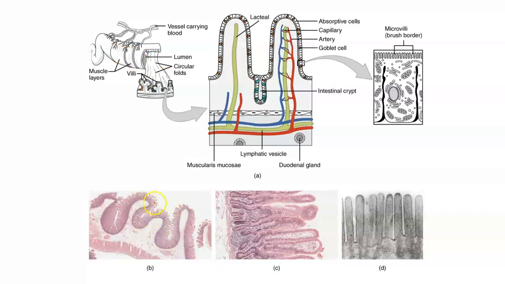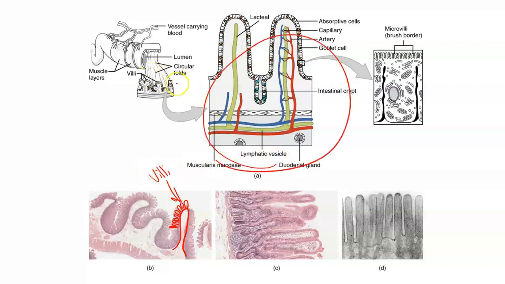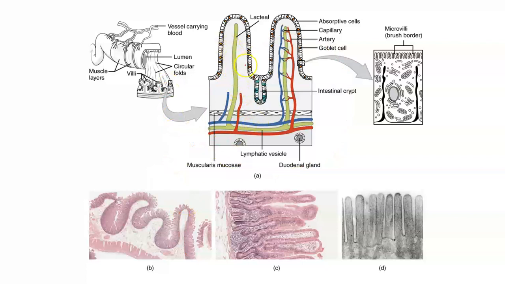On the individual circular folds, which are extensions of the tissue, there are additional little extensions called villi. And that's what you're seeing illustrated here. If you were to take a snapshot of one of these villi and magnify it, this is the illustration. In each villus, there are extensions of lymphatic vessels called lacteals.